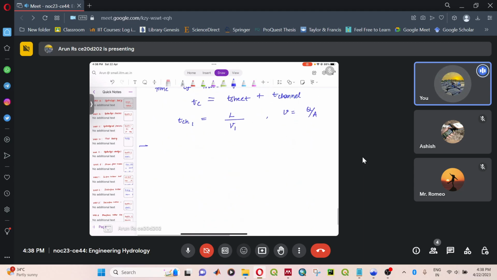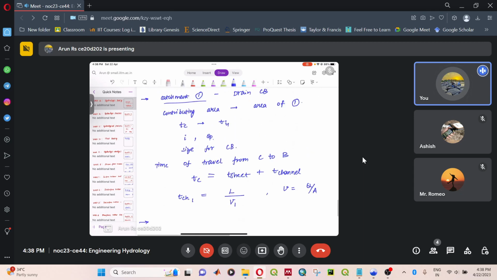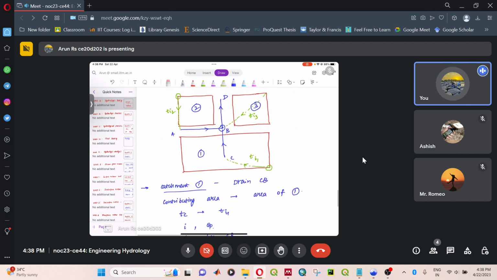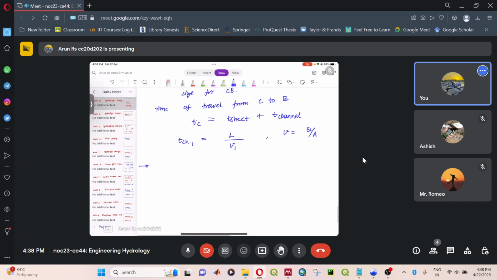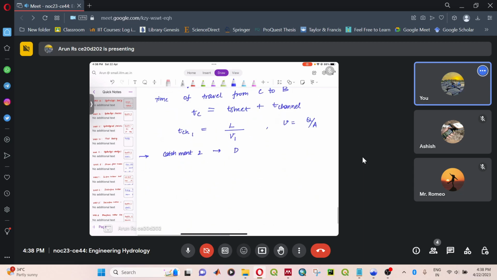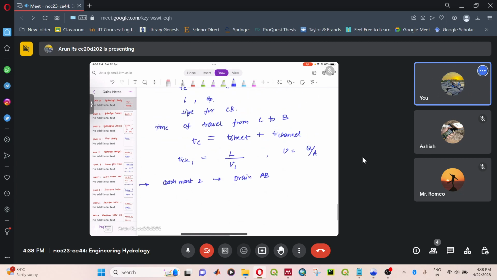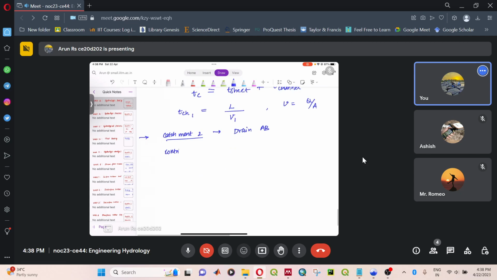Similarly for catchment 2, it is going to be the same because we have Ti2, and from point A to B we need to find out what is Tch2. So if you write for catchment 2, catchment 2 is drain AB. Contributing area is area of 2.